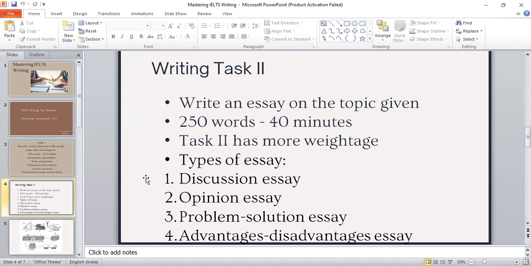Out of that topic, you have to identify which type of essay you have to write, whether it is a discussion essay, opinion essay, or advantages disadvantages essay. It will be clearly mentioned in the question. You have to get the idea of which essay has to be written for writing task 2. So that is about IELTS academic.